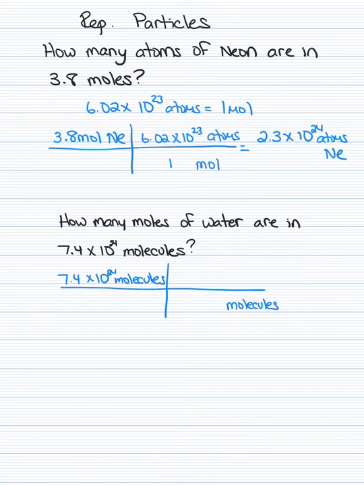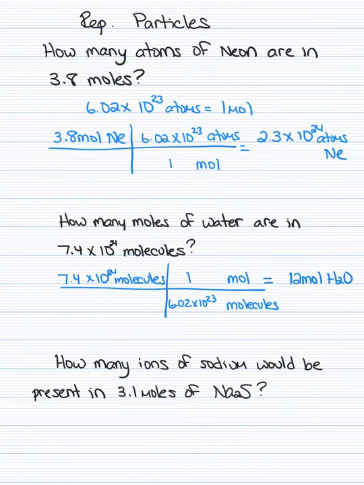Molecules to moles, and there are 6.02 times 10 to the 23rd molecules in 1 mole, and when you do that out, you will get 12 moles of water.